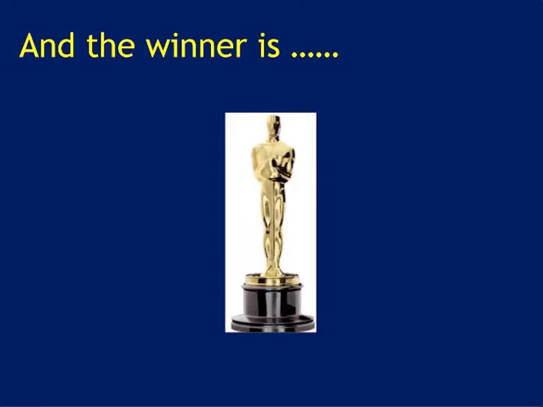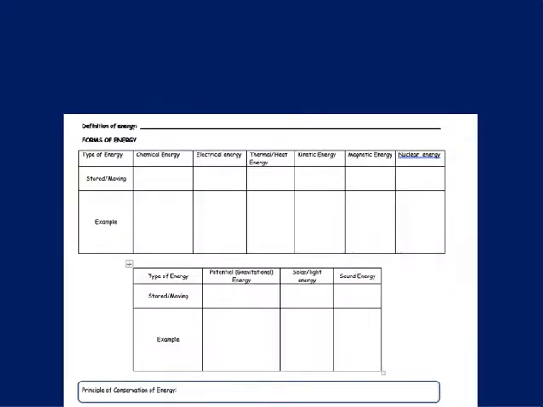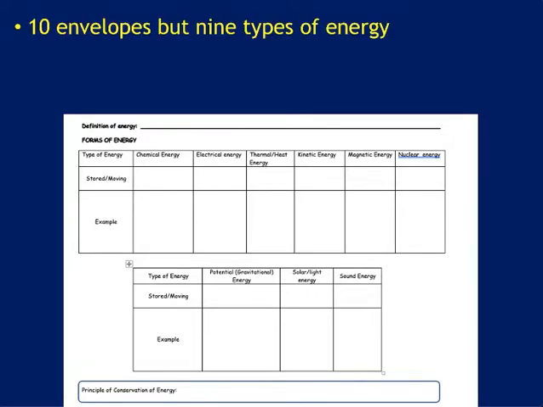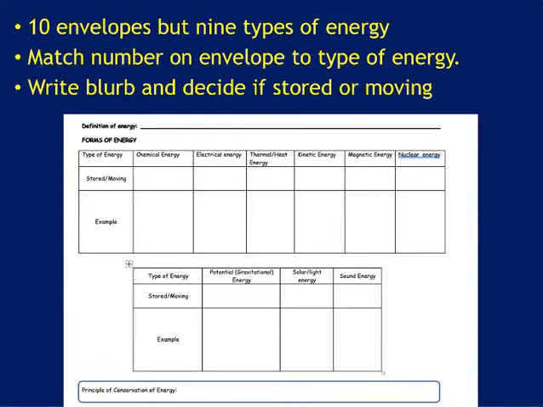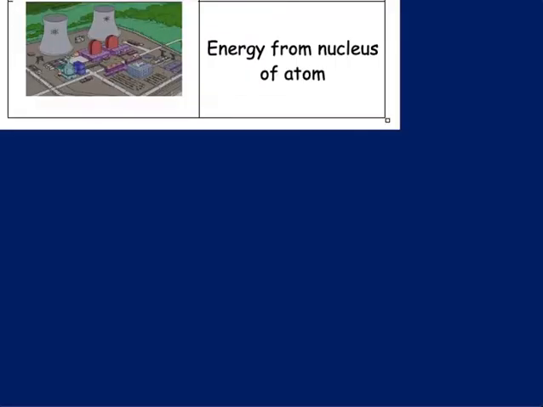Somebody would call out what they have in their envelope, and they describe their picture, and we'd make a decision about which of the energy headings, types of energy, would we call it. So we don't have 10 envelopes. We do have 10 pictures though, and we're not matching today. But as we go through it, you're going to decide, is it a stored energy or is it moving energy? And you're going to maybe use the example. And if in doubt, we leave it till the end and we will check through it.